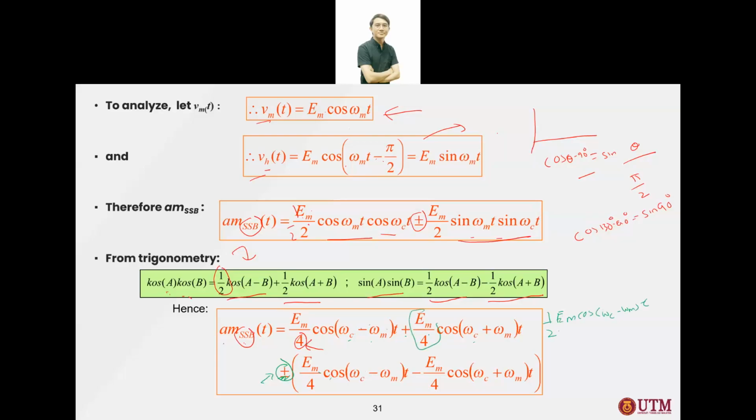But for the other term, EM over 4 plus minus EM over 4, that's why it becomes 0. So for this situation, if it's plus, we are sending only the lower sideband.